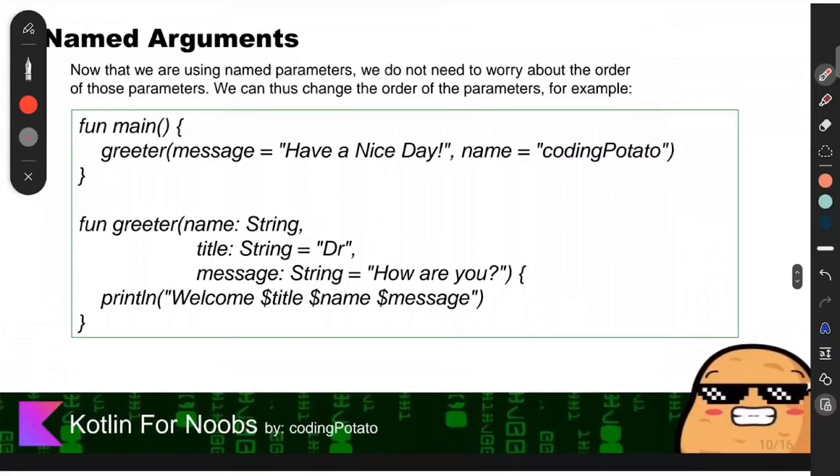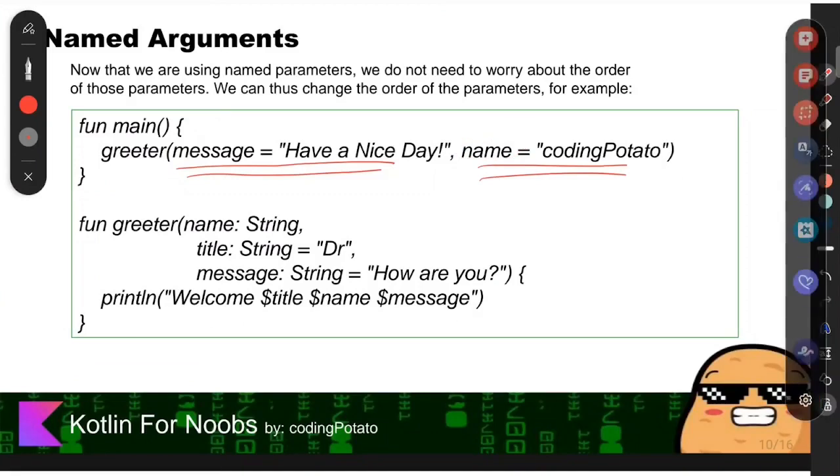So here it's saying that we can mix all of what we learned together. So here I am sending the message first as a named argument. I'm giving it the name, and then here I am. It's not saying we are mixing. Sorry, I did not read this, but it's just saying that you can change the order.